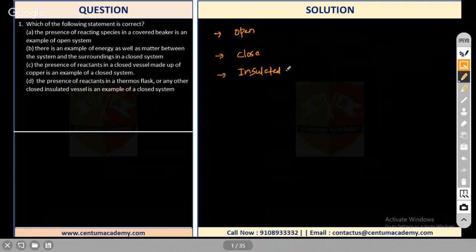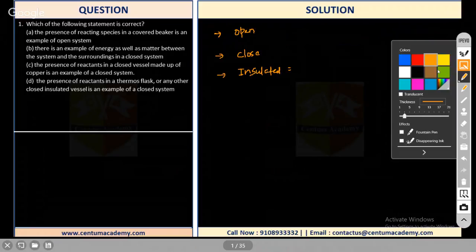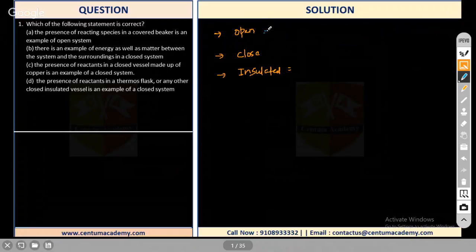In open system, exchange of matter and energy both is possible. In closed system, only energy transfers. In insulated system, there is no transfer of matter or energy.